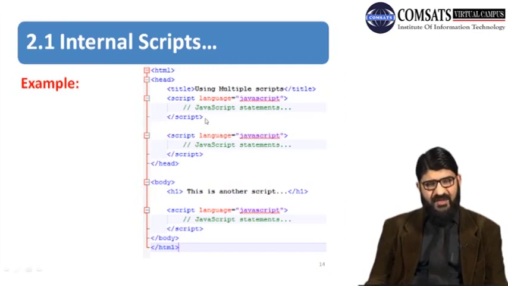So in this way we have seen that JavaScript can be used in the head section. Now the body section. An H1 heading is given. This is another script. Now the script is mentioned, that is, the language is JavaScript.